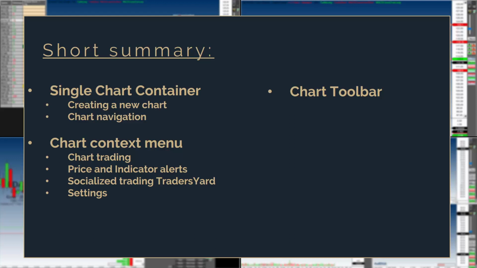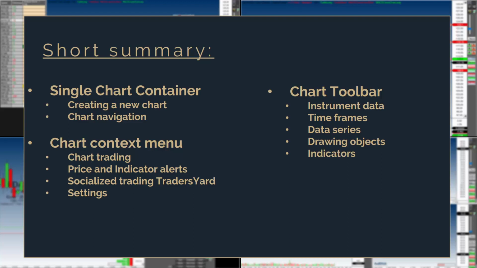The chart toolbar, as we learned, is on top of every chart, and it provides you options for finding instrument data, changing time frames, and adding a second data series or even more than two data series. You can draw objects on the chart for your chart analysis. You can add indicators to the chart for your analysis. We have strategies, and as an example, this 80++ strategy.